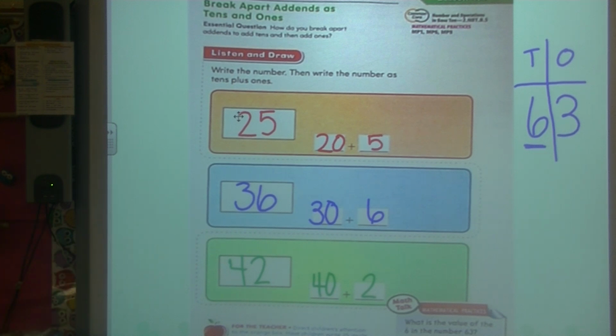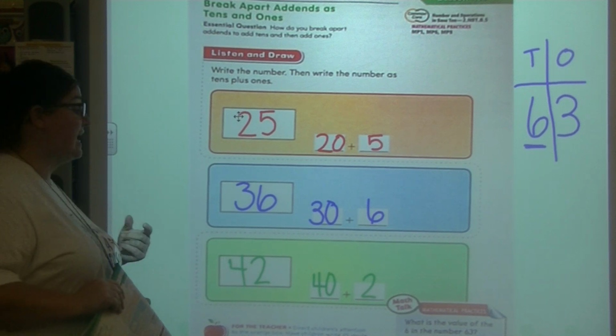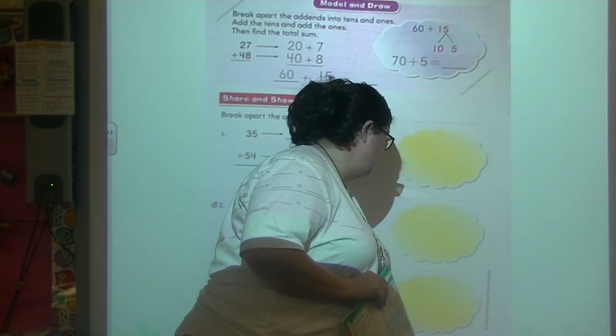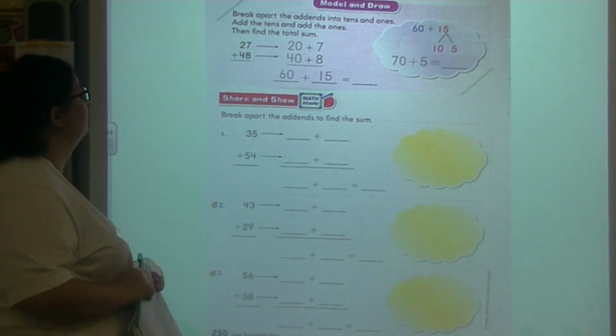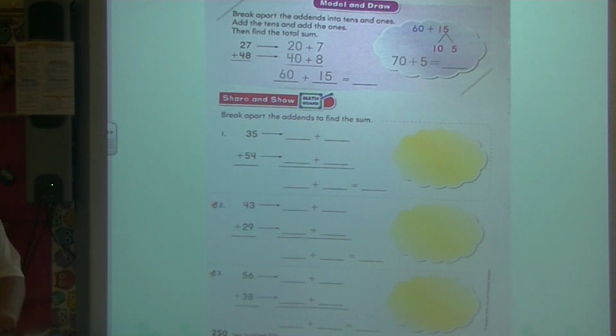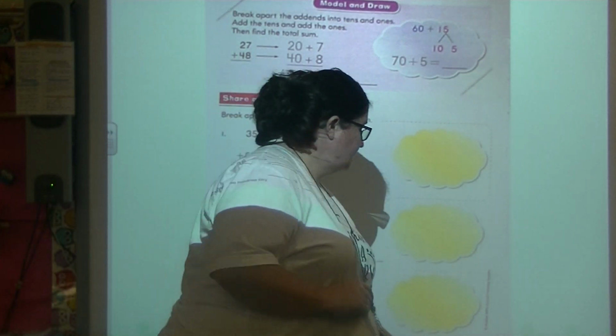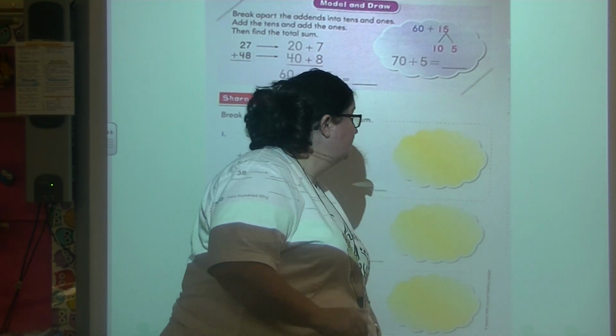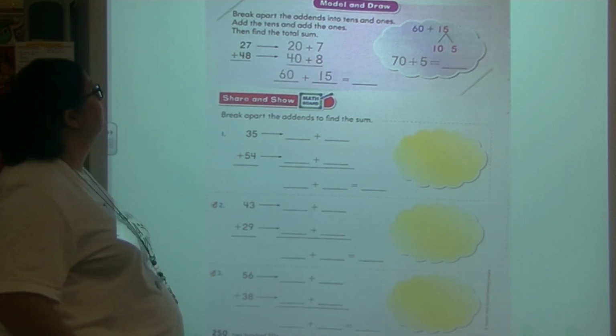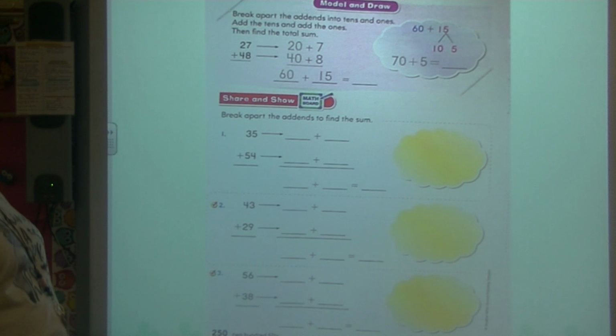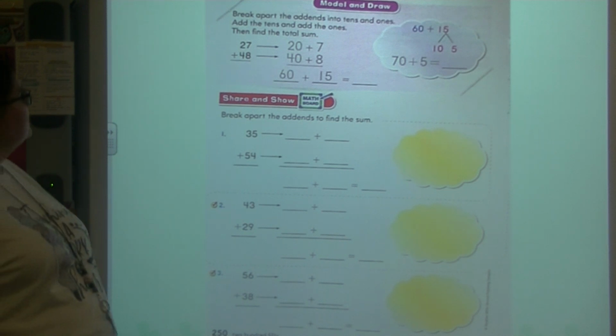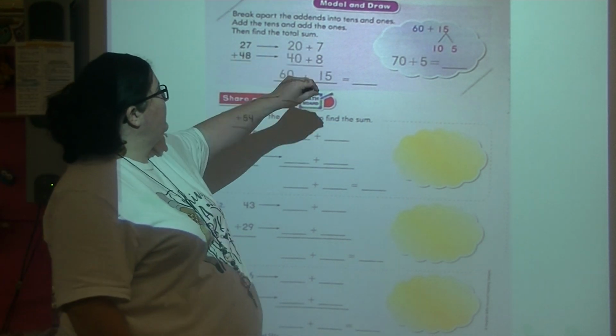All right. Now that we know how to break apart a number, now we can use it to help us add. So flip your page over. All right, at the top it says model and draw. It says break apart the add-ins.